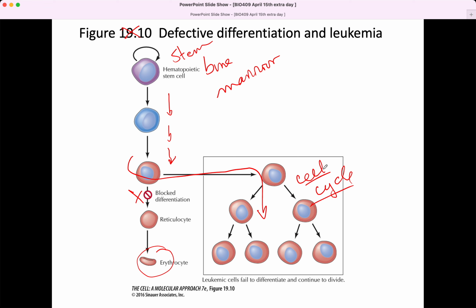And we want to learn about that just because it provides a significant way to understand some cancer types that's different than uncontrolled proliferation or failure to go through programmed cell death. Here, the cell remains essentially as a precursor cell and continues to divide, and so that becomes a cancer because we're getting too many of these cells.